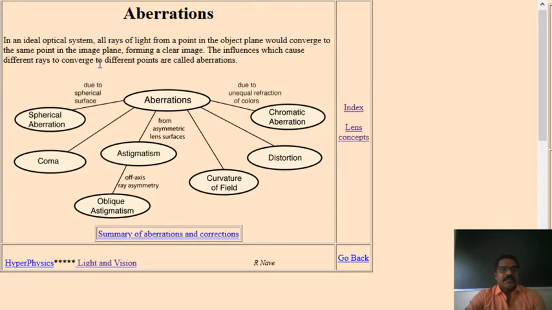So these defects are called aberrations. Aberrations are mainly divided into spherical aberrations and chromatic aberrations. Chromatic aberrations are due to unequal refraction of the colors, and spherical aberrations are due to the spherical surface of the lens. The others are coma, astigmatism, curvature of the field and distortion.